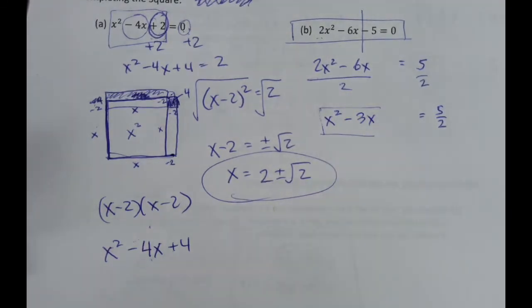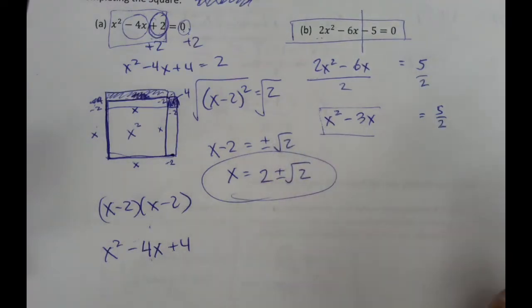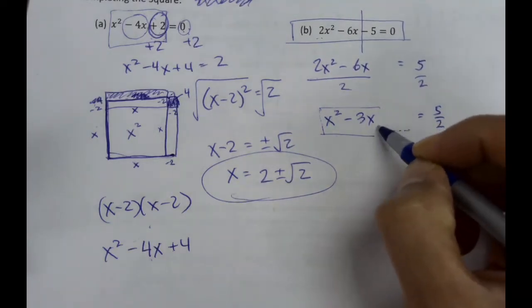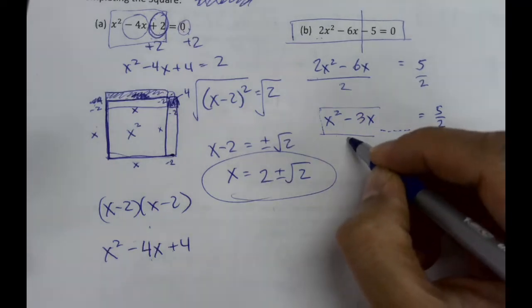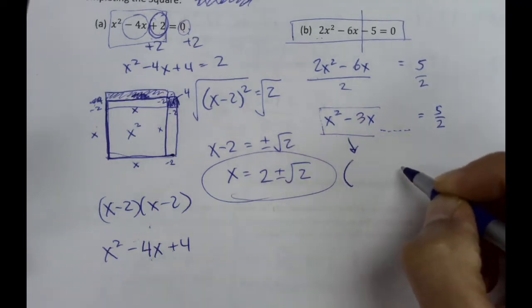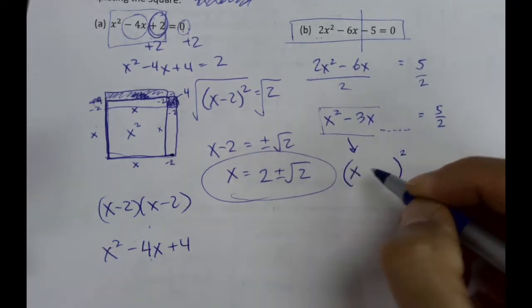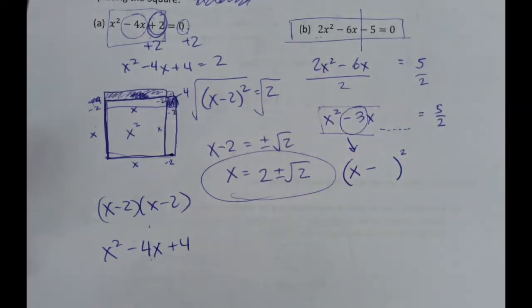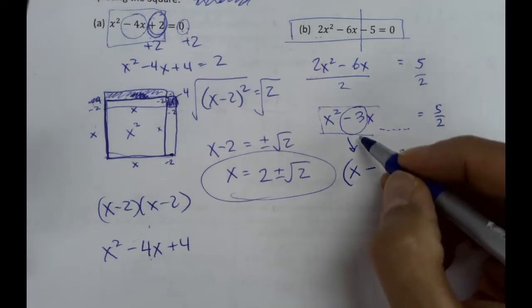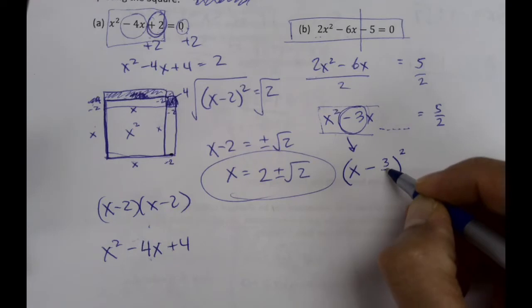This is the x squared, and the coefficient here is 1. It's easier now to tell what is needed to complete the square, because what does this have to be? This has got to be the square of x minus half of 3, or plus half of whatever that coefficient is. Why?